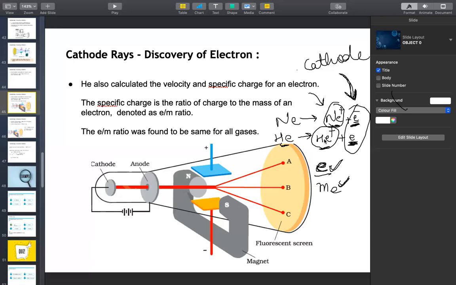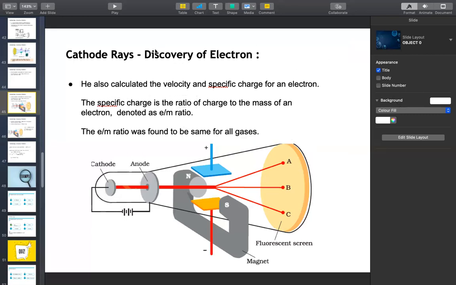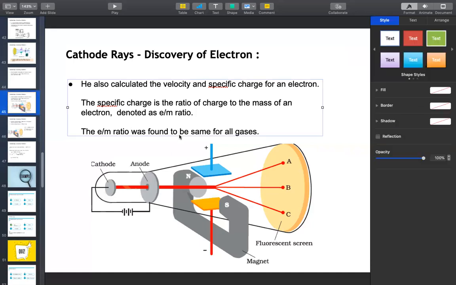But is the mass of the neon ion and helium ion the same? Mass is not the same. So the specific charge ratio is not the same for the anode ray, but the specific charge ratio is the same for the cathode ray. So E by M ratio was found to be the same for all the gases for the cathode ray. Got it?